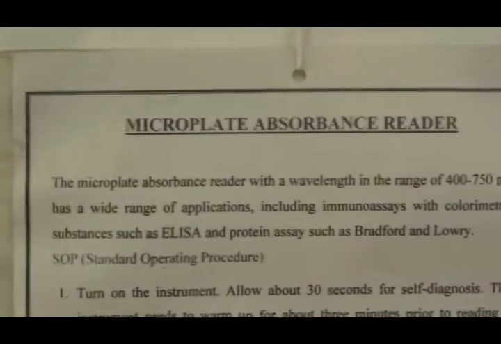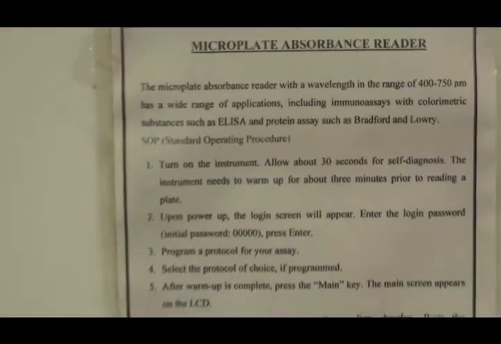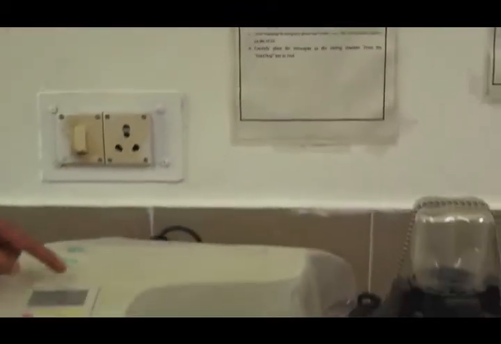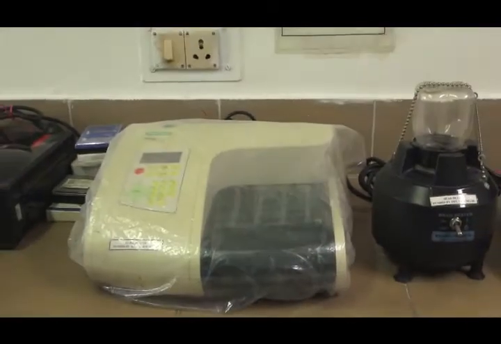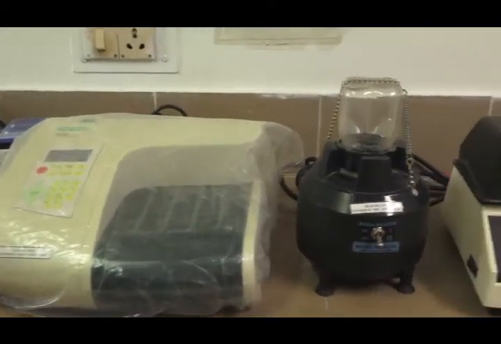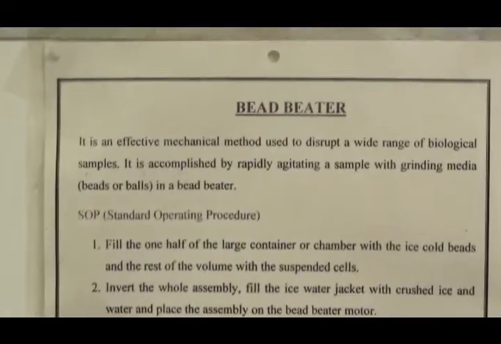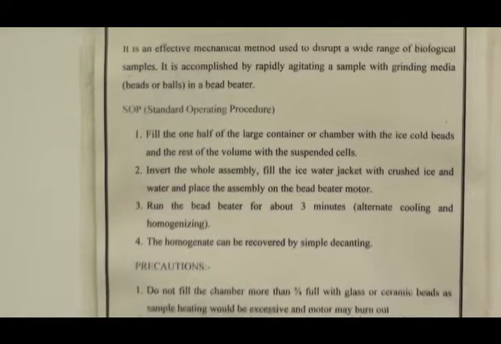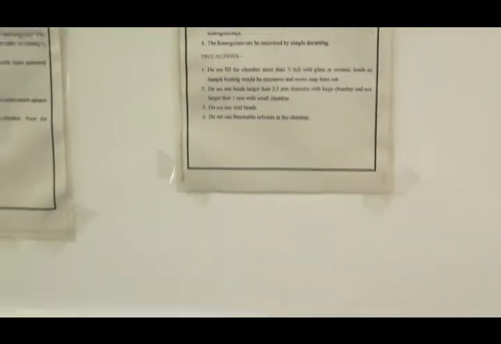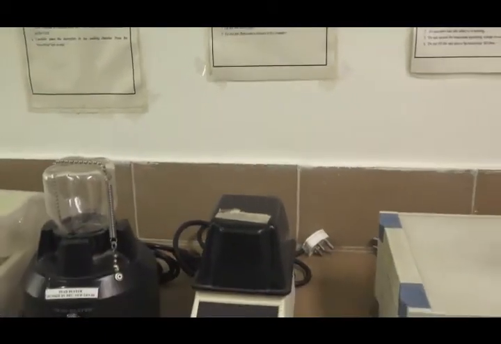This is the bead beater, which is basically used to disrupt a wide range of biological samples by rapid agitation of samples in the grinding media. Next, we have the gel electrophoresis, used to separate charged particles like DNA. The separation is done on the basis of molecular weight.